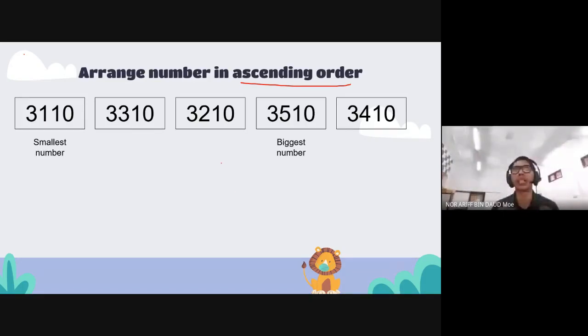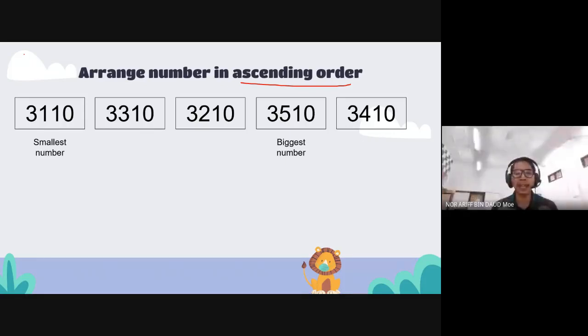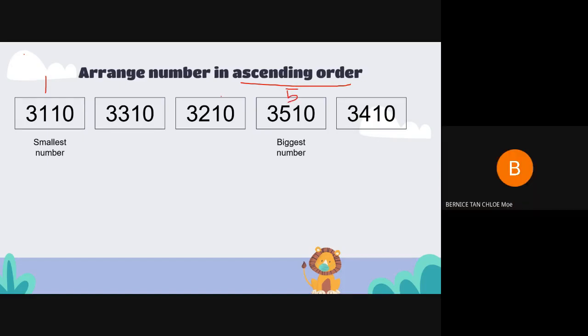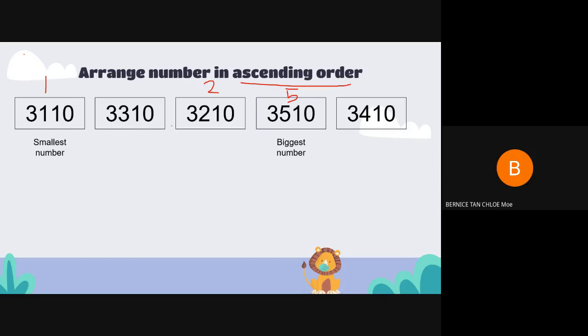Okay, I want to ask Bernice, where are you, Bernice? Are you still there? Bernice, can you tell me the number 2? I already get number 1 and number 5. Can you tell me which one is number 2? 3,210. Yes, number 3? 3,310.